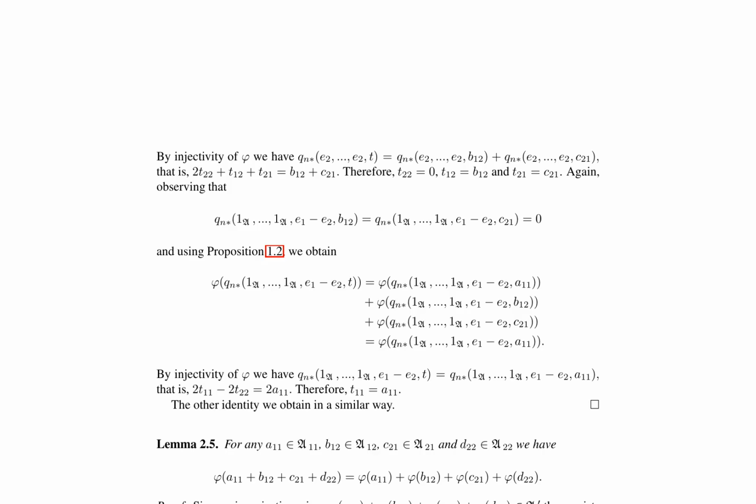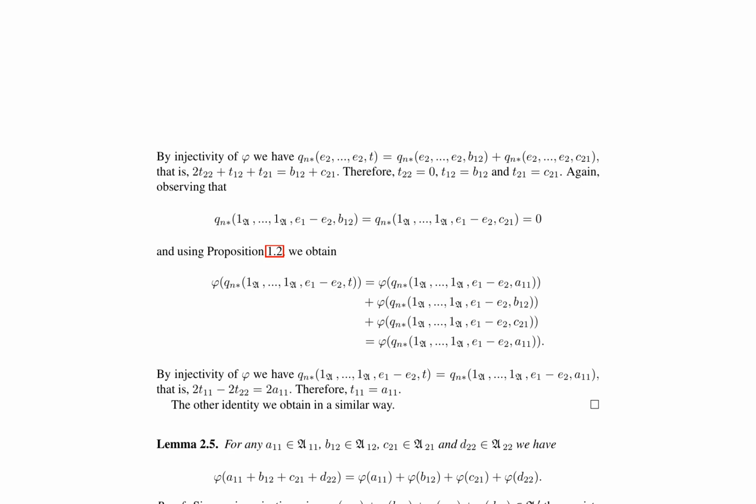By injectivity of phi, we have Qn * operator (1a, E1 E2, T) equals Qn * operator (1a, E1 E2, A11), which yields 2T11 2T22 equals 2A11, implying T11 equals A11.